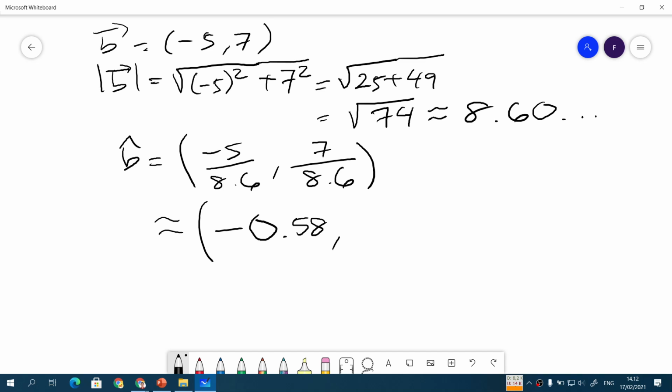And 7 divided by 8.6 is 0.81. Okay, that's nice. I think you have been able to calculate the magnitude of a vector and also create a unit vector from a given vector. That's good.